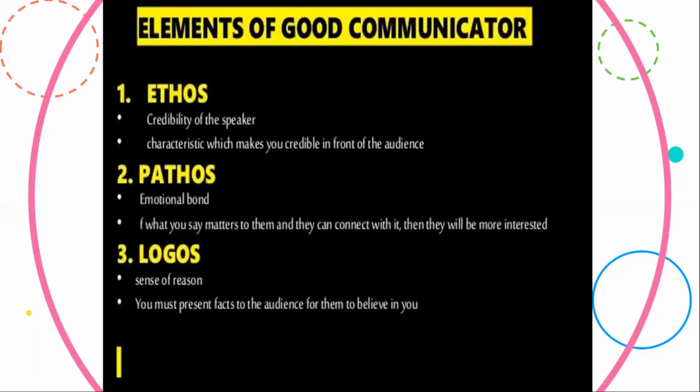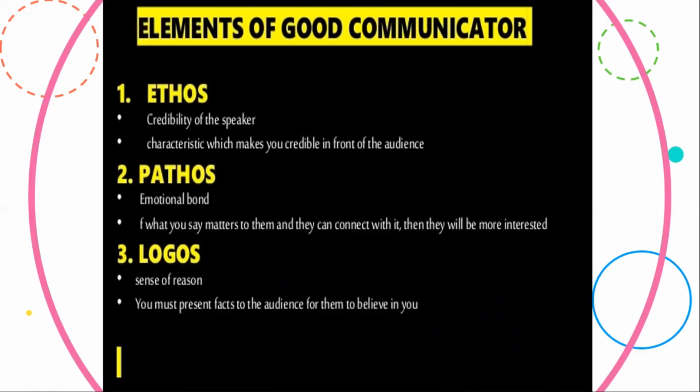Elements of a good communicator: the ethos, pathos, and logos. Ethos means credibility of the speaker, characteristics which make you credible in front of the audience. Pathos means emotional bond: what you say matters to them and they can connect with it, then they will be more interested.